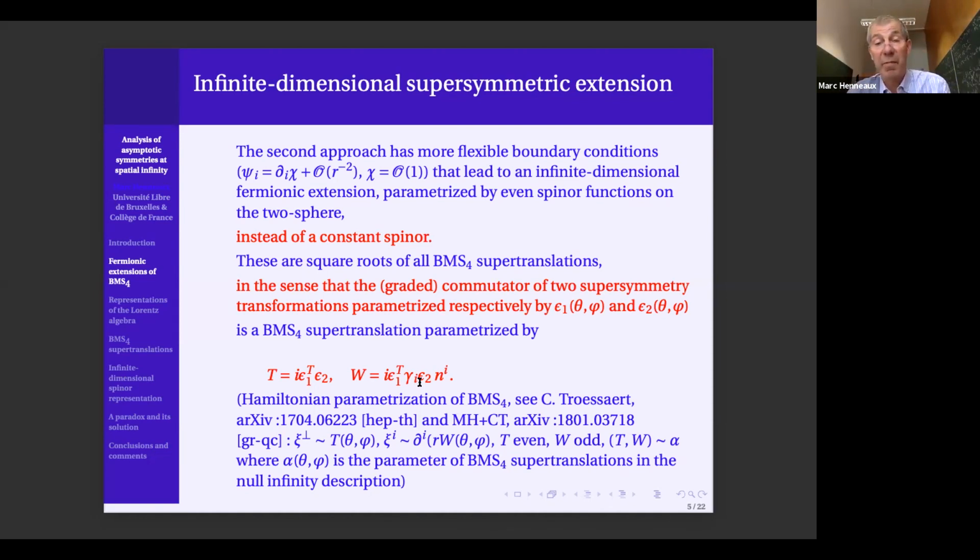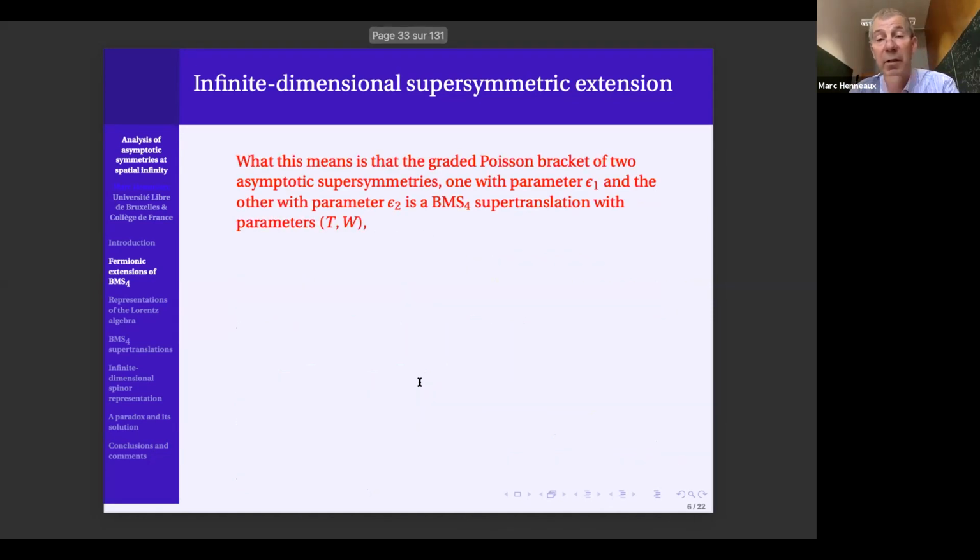We found an infinite number of non-trivial supersymmetries, and we see how they close on supertranslations. The graded Poisson bracket of the asymptotic supersymmetries, one with parameter epsilon1 and the other with epsilon2, is just a BMS4 supertranslation, which you can write this way. Symbolically, there is some gamma, okay.